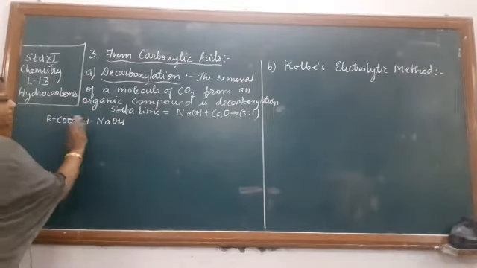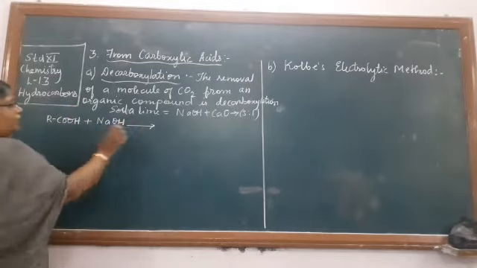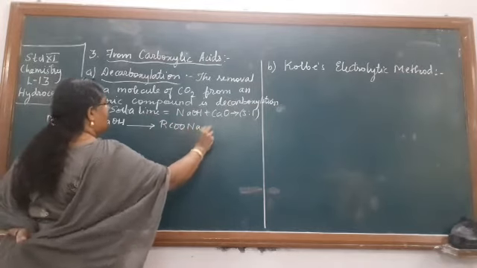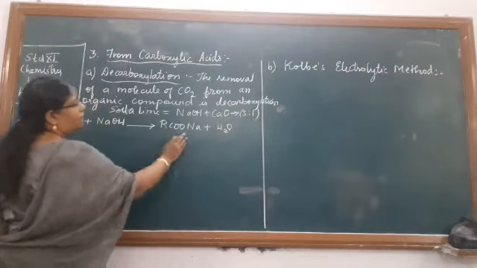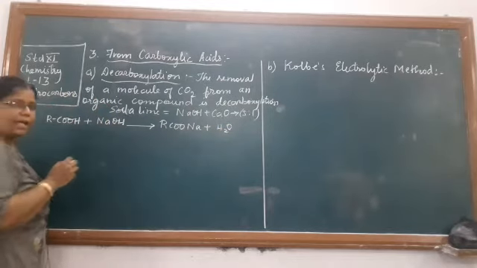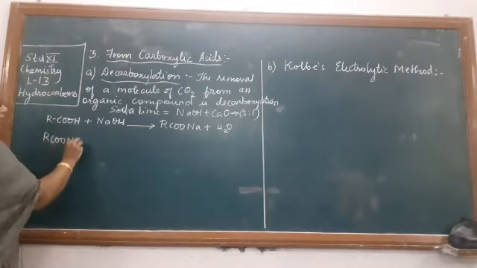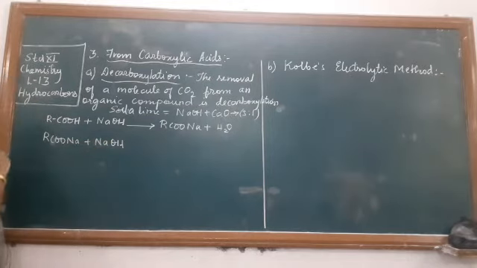So when you treat this with NaOH, the first step that occurs is you get RCOONa, the sodium salt of that acid is formed. Then the sodium salt of the acid, RCOONa, plus NaOH. Now how does the bond break here?